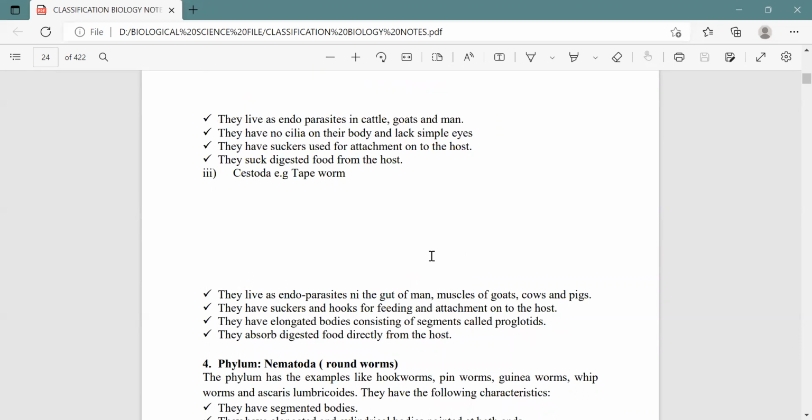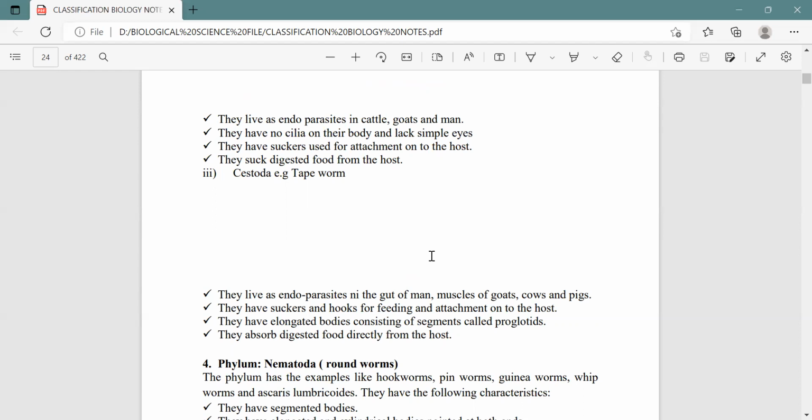Okay, we are still under the animal kingdom. Under the animal kingdom, we have this important phylum, which you should also read about, which is called the roundworms or phylum Nematoda.